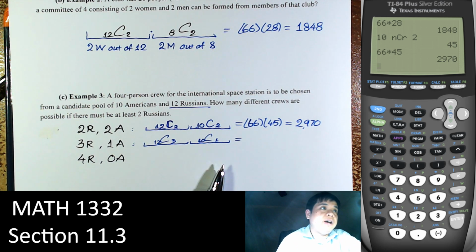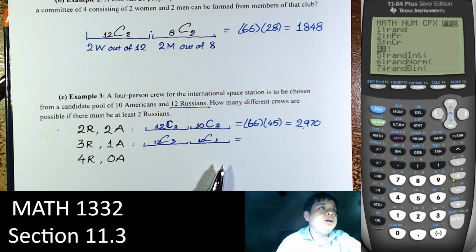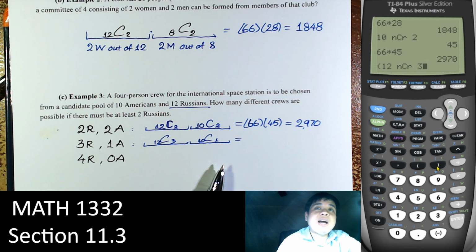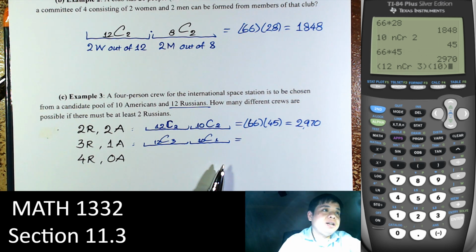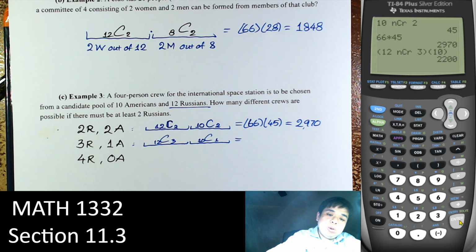I'm just going to put everything at once here. 12 combination. We're going to pick 3 out of those. So that's how we choose the Russians. American, we choose 1 out of 10. That's 10C1, which of course is going to be 10. Right, just that. 2200.